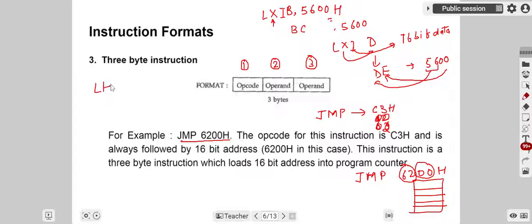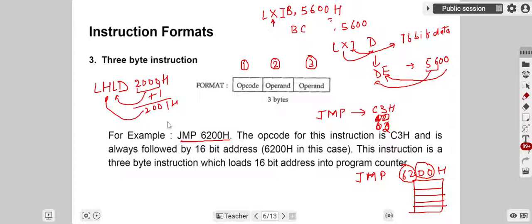Similarly, we can take another example, LHLD 2000H. What does this instruction do? This instruction copies the contents of location 2000H into the L register and copies the contents of 2001H location into the H register.